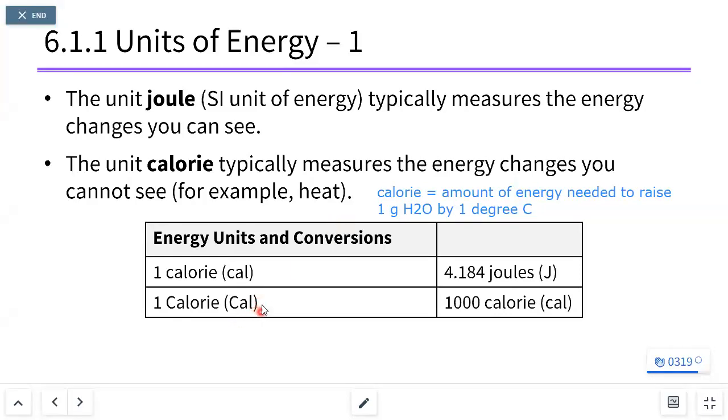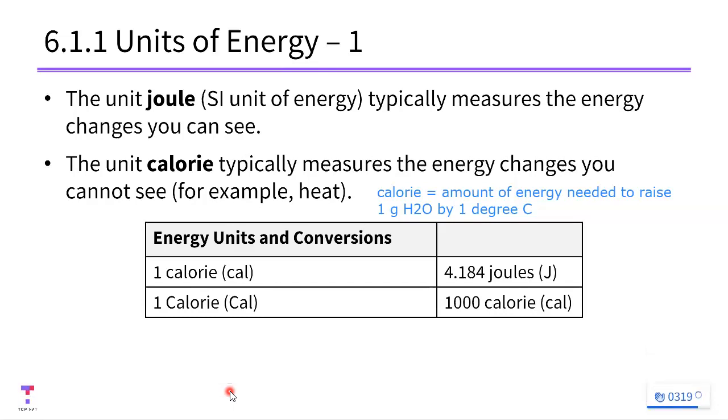These are the kinds of calorie units that we tend to see on food labels. The second thing to notice is that there is a conversion between calories and joules: there are 4.184 joules in every calorie.